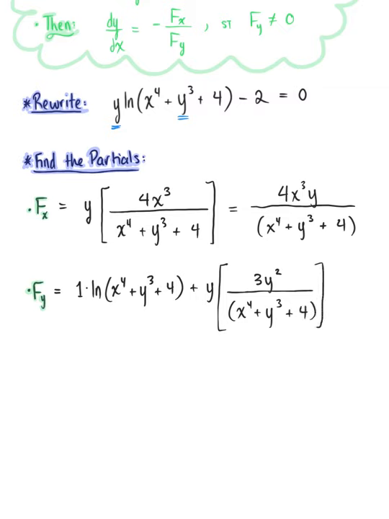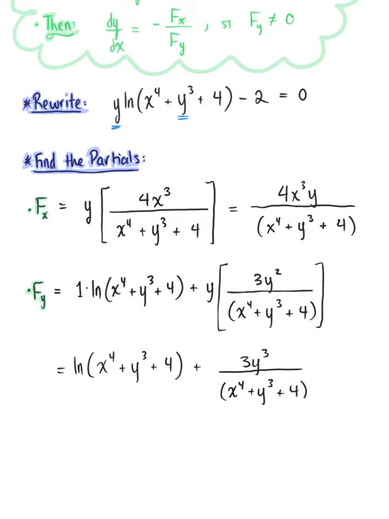And again, that 2 just differentiates to 0. We can rewrite this to make it look nicer: the natural logarithm of x to the fourth plus y cubed plus 4, plus 3y cubed all over x to the fourth plus y cubed plus 4.